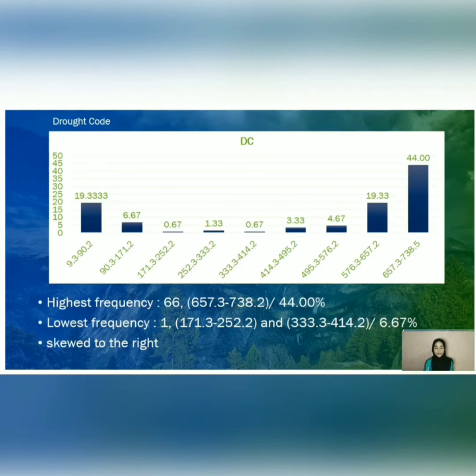Each represents 6.67%, and the mode for this DC is class limit 657.3 until 738.2. This histogram is skewed to the right.